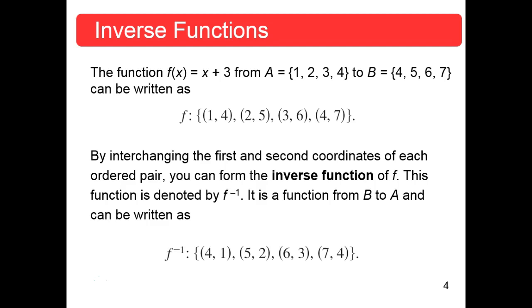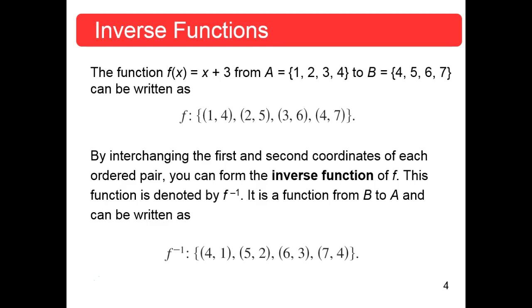Again, this is all old stuff. It's a function that goes from what was your range, which now becomes your domain of the inverse function. What was your domain of the original function becomes the range of your inverse function. So it maps from B to A, and that can be written as f inverse is (4,1), (5,2), (6,3), (7,4).